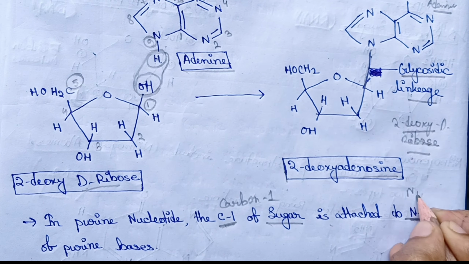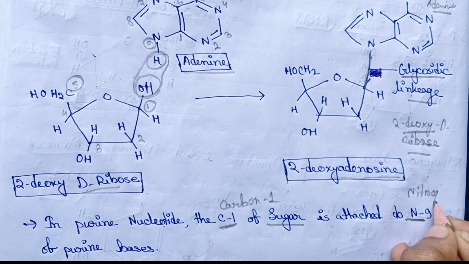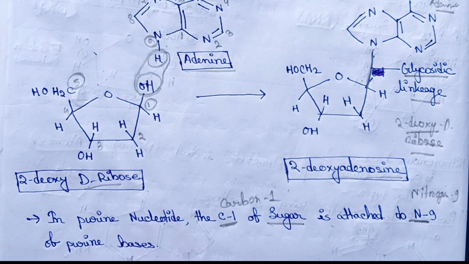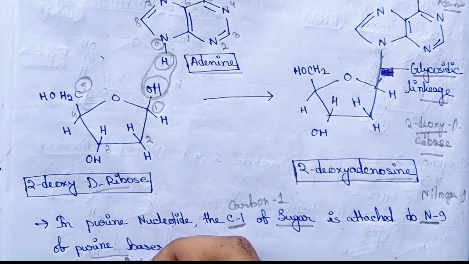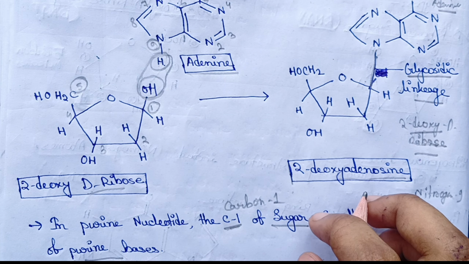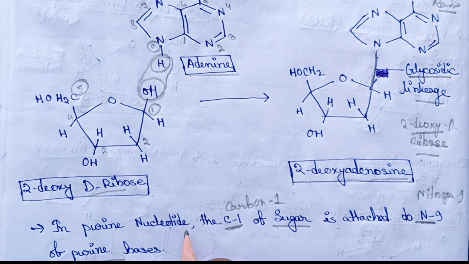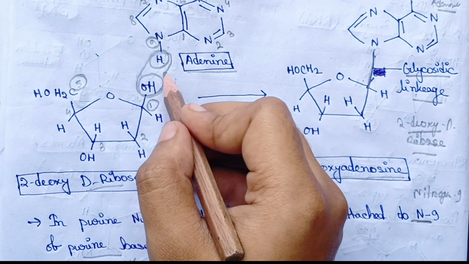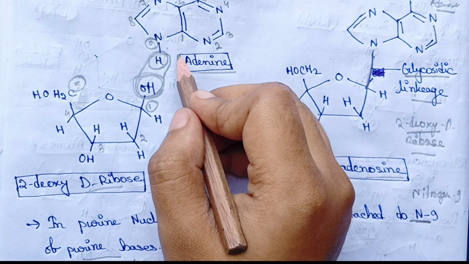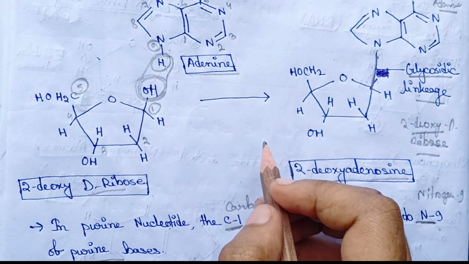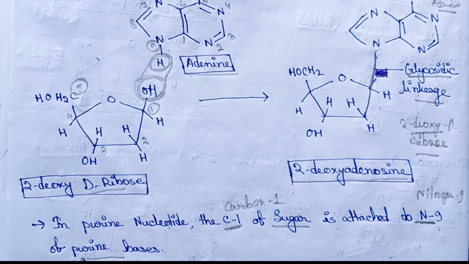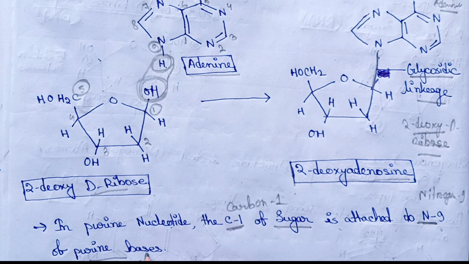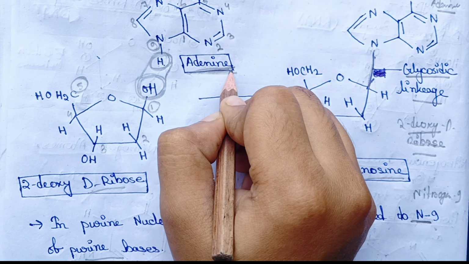Nitrogen 9 of the purine bases. So in the purine nucleotide, carbon 1 of the sugar molecule is attached with N9, nitrogen 9, of the purine base. This adenine is the purine base.